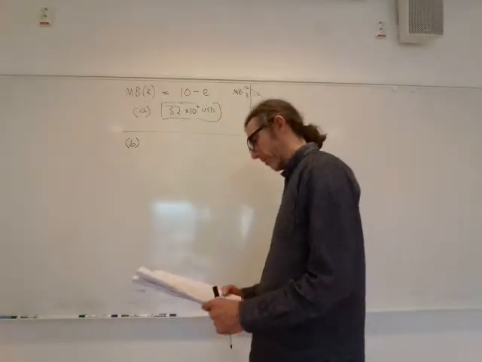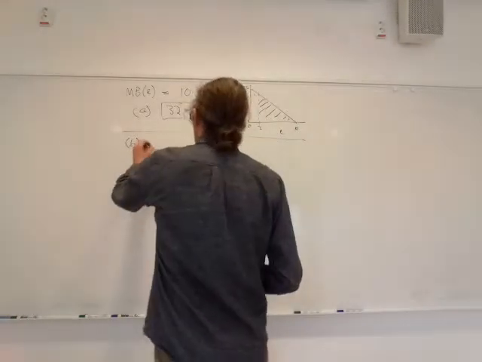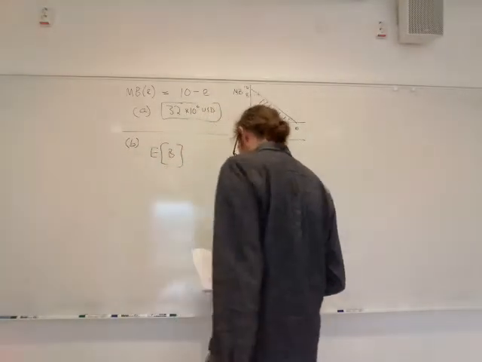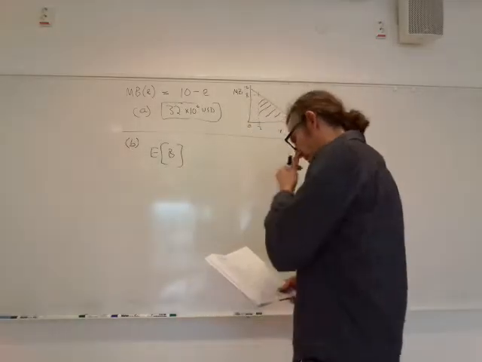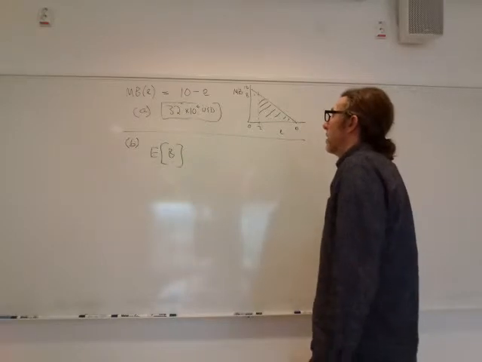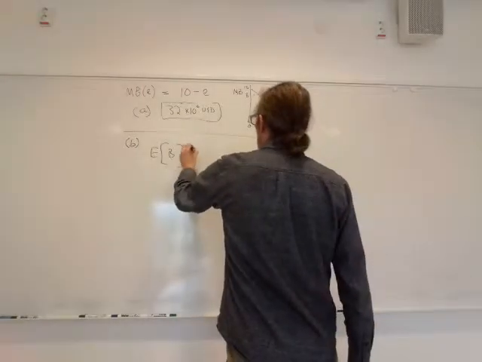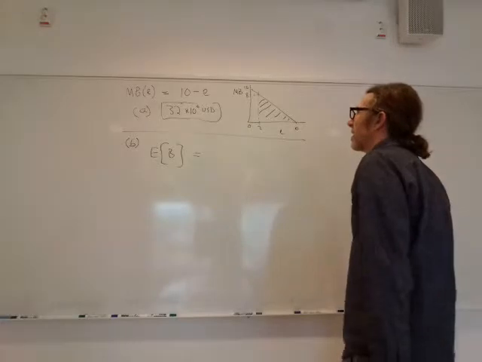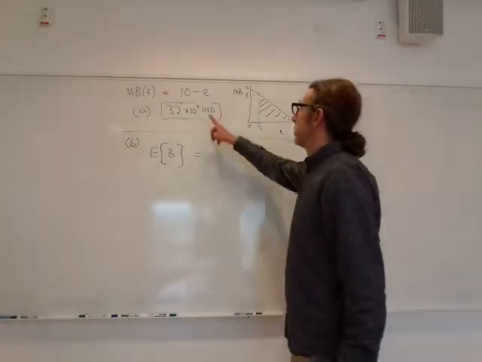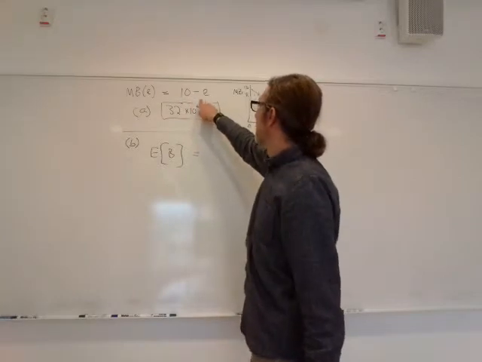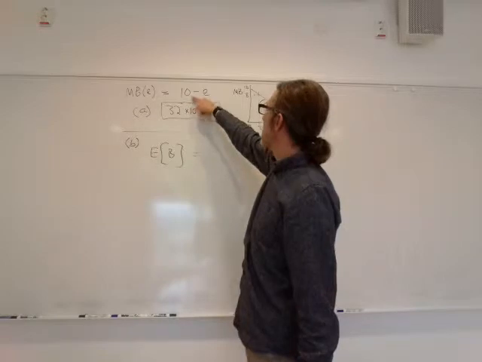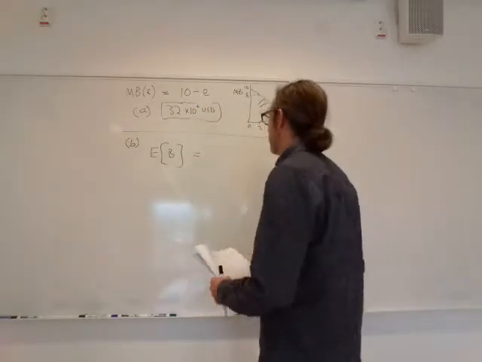So, what are your expected benefits? So now we do need to do the integration anyway. So total benefits integrating this, it's 10e minus e squared over 2, isn't it?